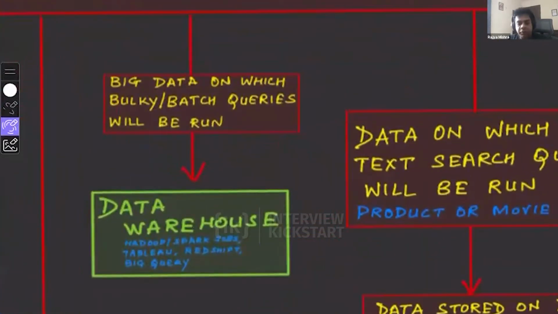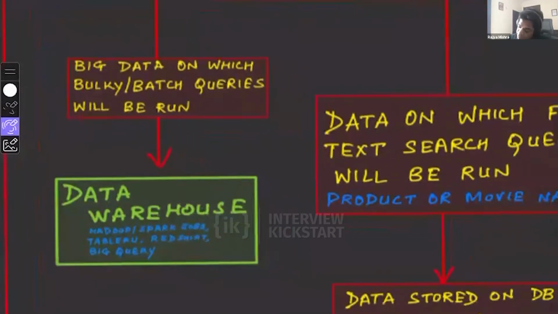So let's say you have all the tweets in the last 24 hours, and then you want to analyze them and find out what is the trending topic in those tweets, right? So this is huge data, this is big data. And if you are going to run some kind of analysis on them, then you need some kind of Hadoop or Spark jobs, right?